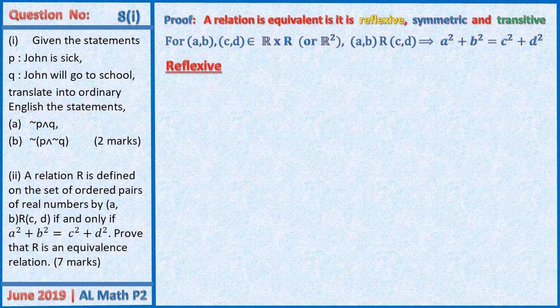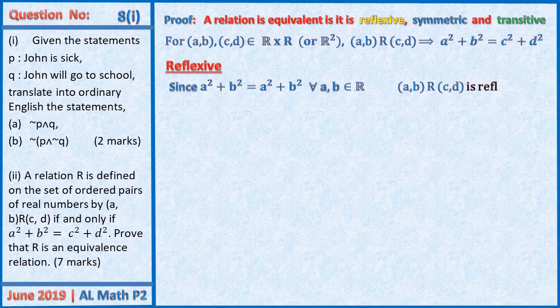Since A squared plus B squared is equal to A squared plus B squared, for every A, B an element of R, then it means that A, B relates to C, D is a reflexive relation. That means R is reflexive. It's reflexive if A relates to itself. So for the two sets A, B and C, D, use A, B and C, D to just be A, B and A, B. So it reflects to itself.